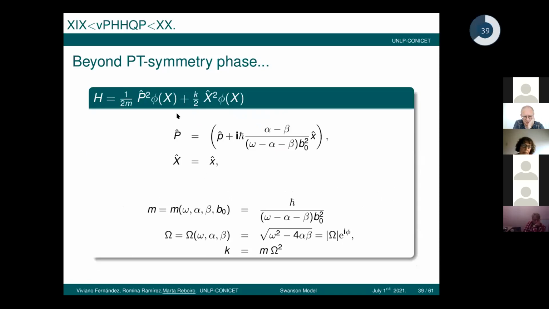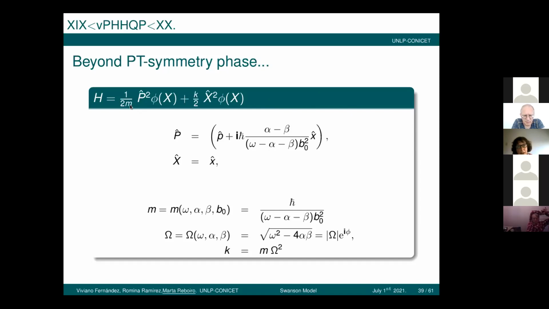And then we say, well, let us introduce this particular choice of operators. By choosing P in this way, we rewrite the original Hamiltonian as a Hamiltonian similar to that of the harmonic oscillator, similar in shape or form.